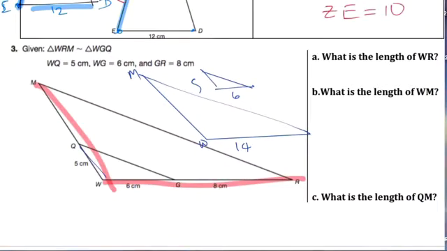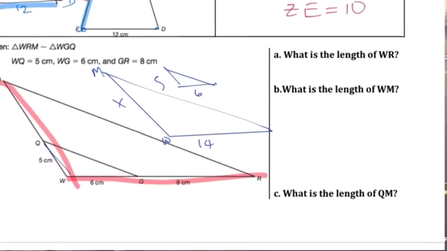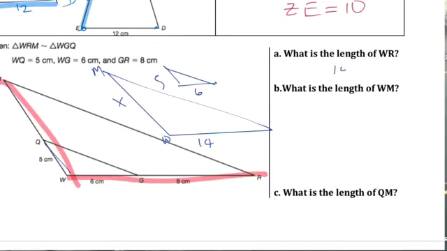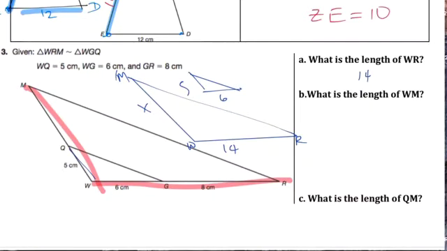So we don't know this length. So X. W to R is 14. MW, we need to know that. So we say X is equal to the length of MW, okay?